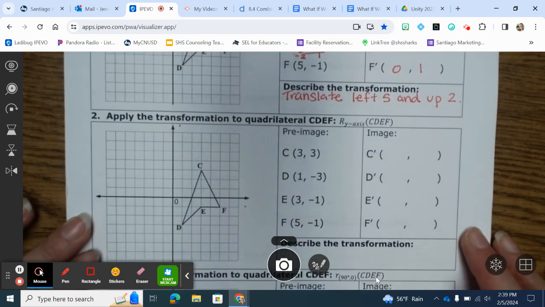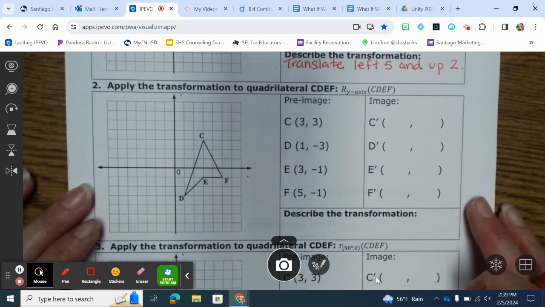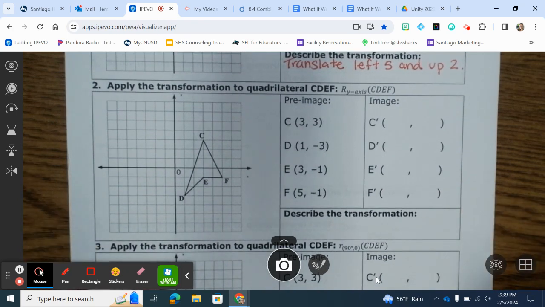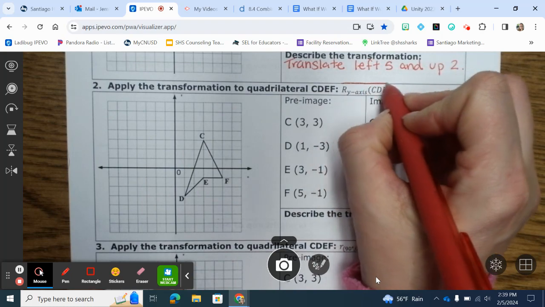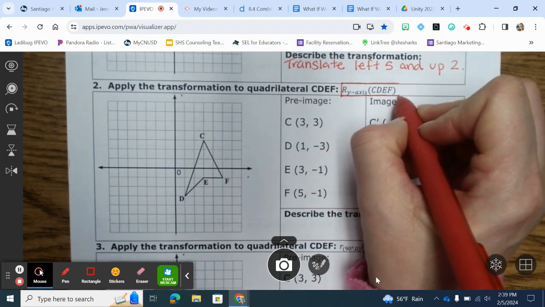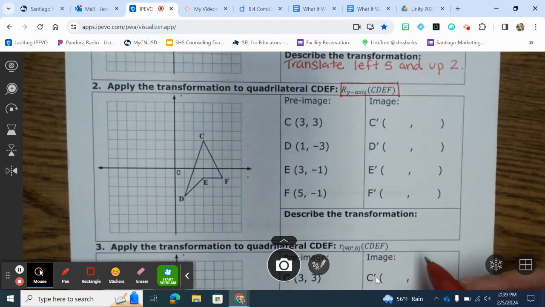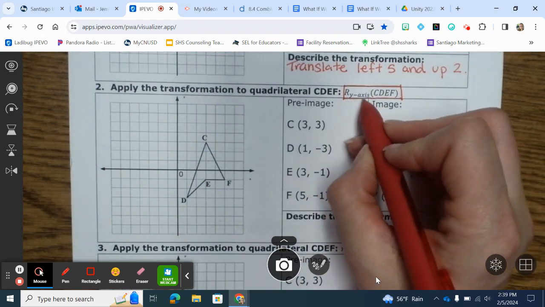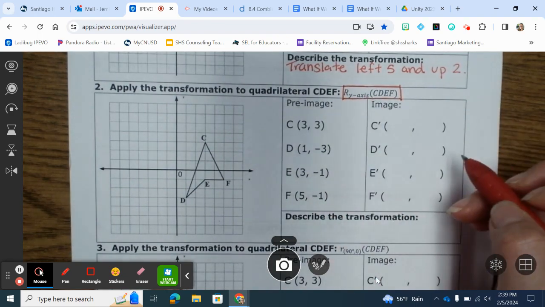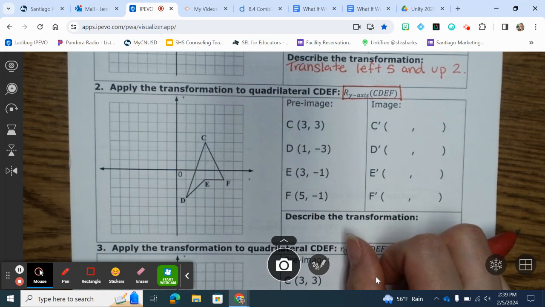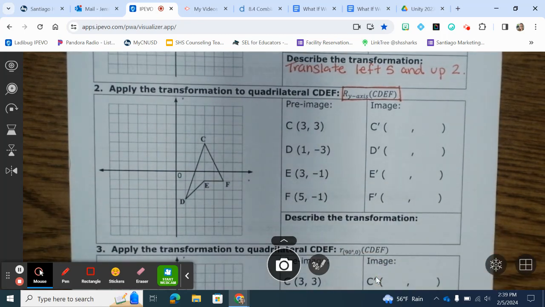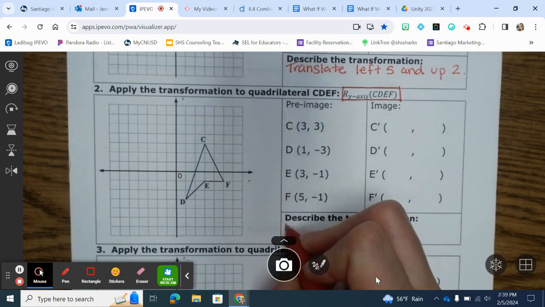Example number 2. A different transformation. Apply the transformation to quadrilateral CDEF, and this time I am capital R. So I said capital R was a reflection, which you should be able to tell because I have this y-axis here. I have some line named, and I'm going to reflect across the y-axis. Description of that transformation.